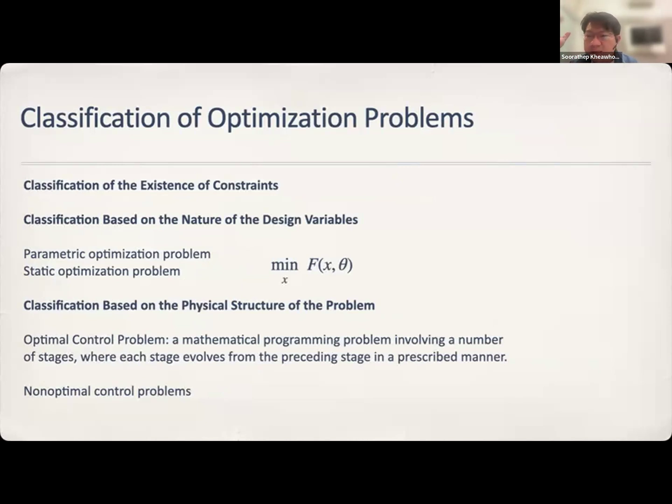What do you think? If we deal with the same objective function, constrained or unconstrained problem, which one is easier to solve?